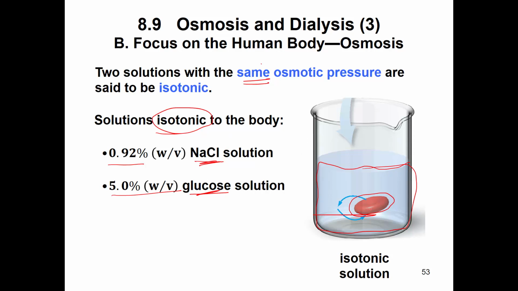That's what's found inside the red blood cell and outside the red blood cell in normal conditions in the body. So they're nice and isotonic, and notice our little red blood cell looks very happy sitting in that solution.